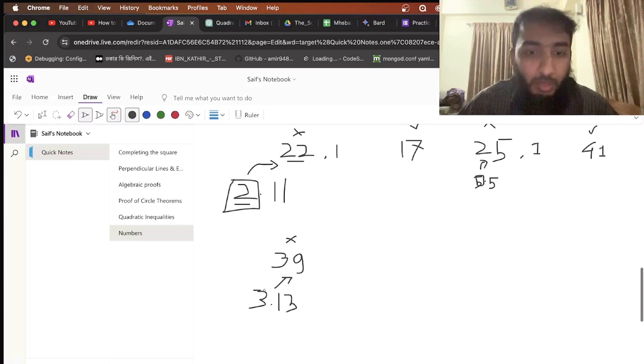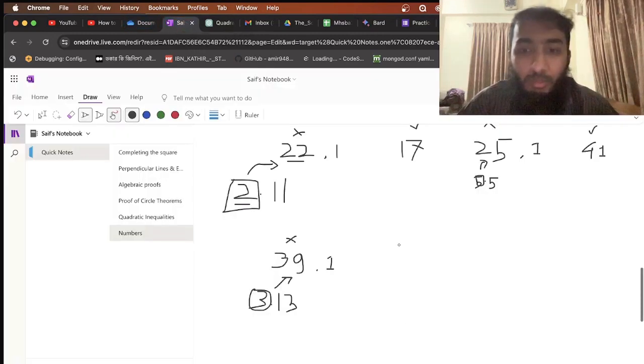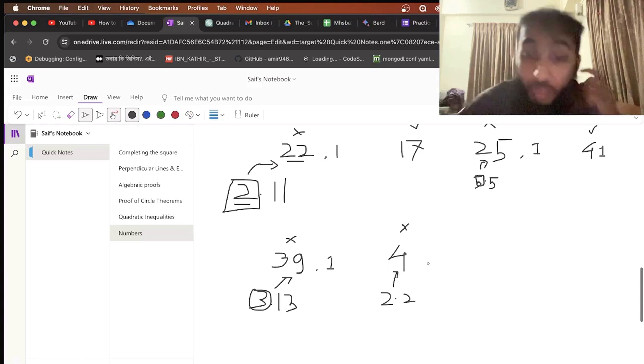So 3 is another number that divides 39 other than 1, and 39 is not a prime number. The last one is 4. Obviously 4 is not a prime number, because if we multiply 2 with 2, we get 4.